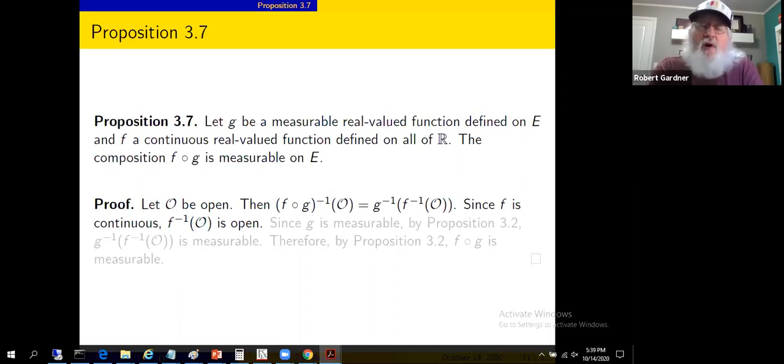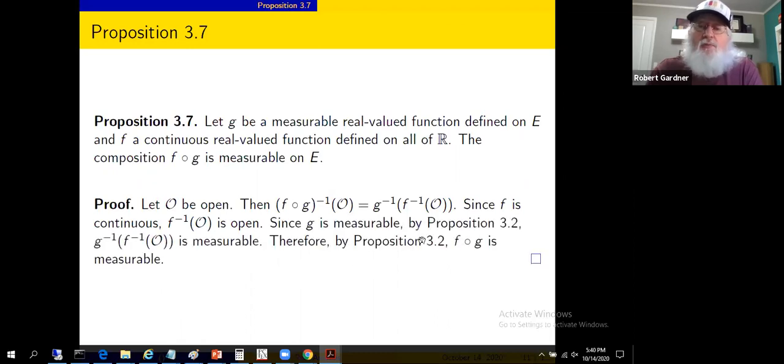Inverse images of open sets are open with respect to the domain of a function. That's the senior level analysis 1 result we mentioned earlier. All right, so F inverse of O is an open set.